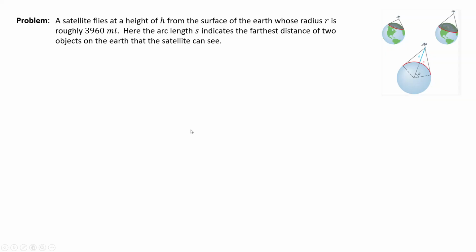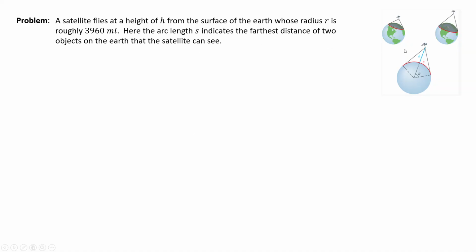A satellite flies at a height of h from the surface of the Earth, whose radius r is roughly 3,960 miles, about 4,000 miles. Here, the arc length s indicates the farthest distance of two objects on the Earth that the satellite can see.